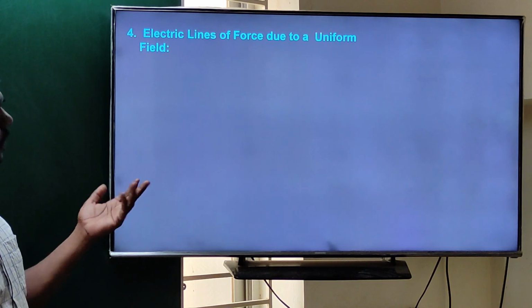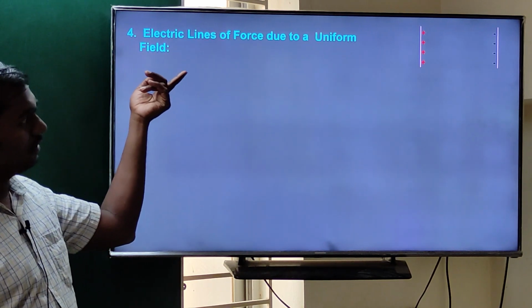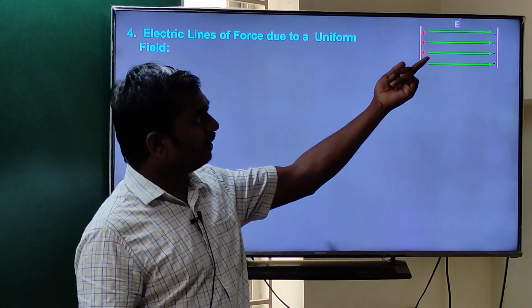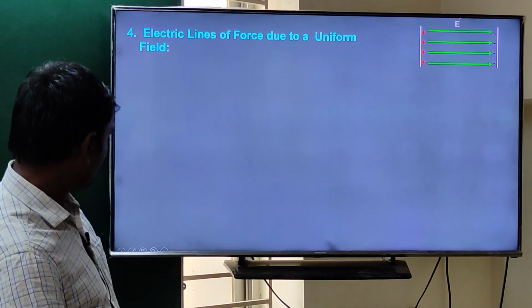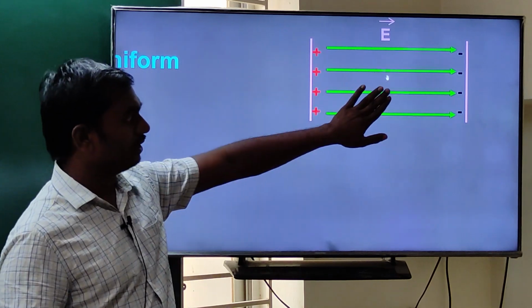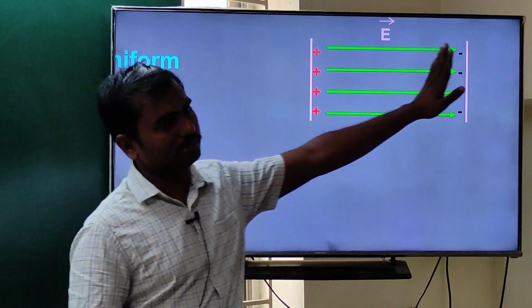And the fourth property: electric lines of force due to a uniform field, we can represent like this. For a uniform field, electric lines of force always originate from positive and end at negative, we know that. So the direction of electric field lines is always from positive to negative.